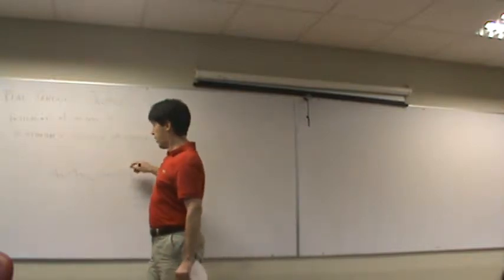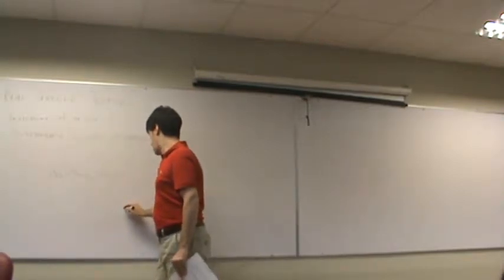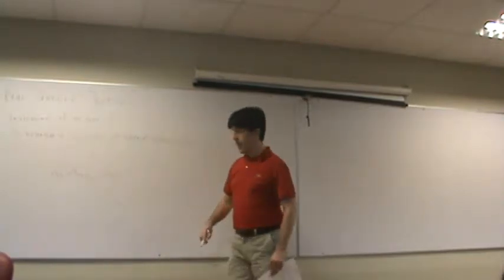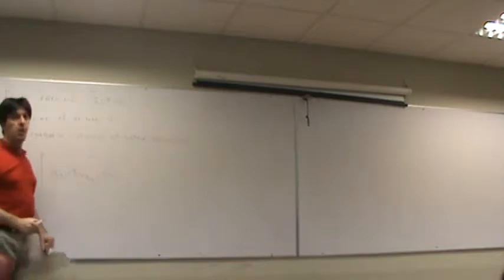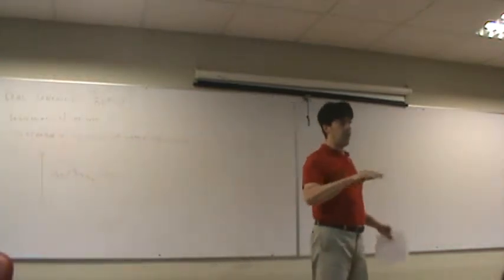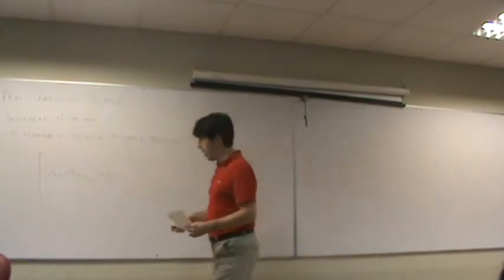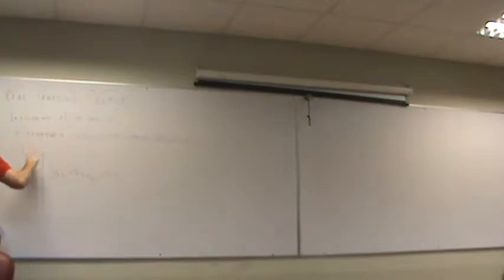This is the profile of our ground. This is x1 and x2. And let's assume that on the vertical axis is, for example, the height above sea level. And let's call this height as a function of x.